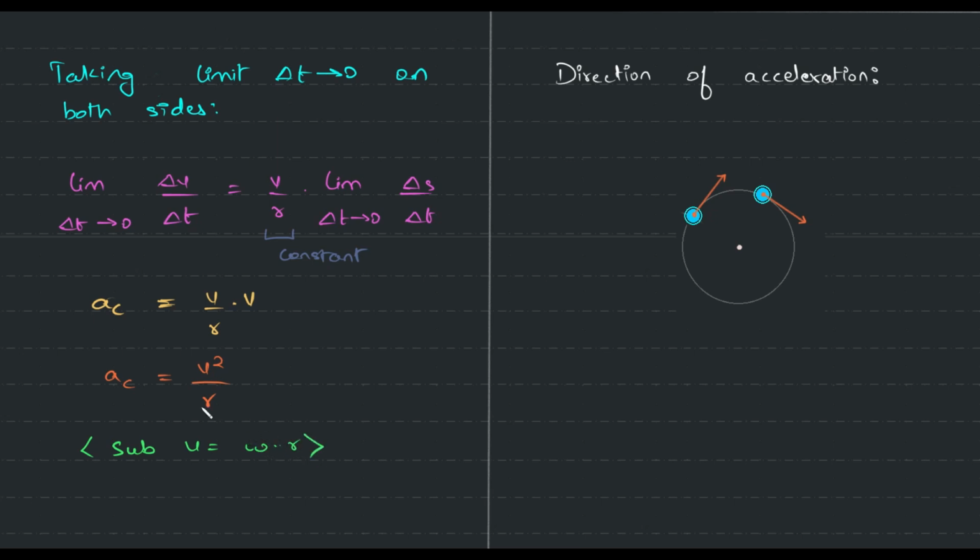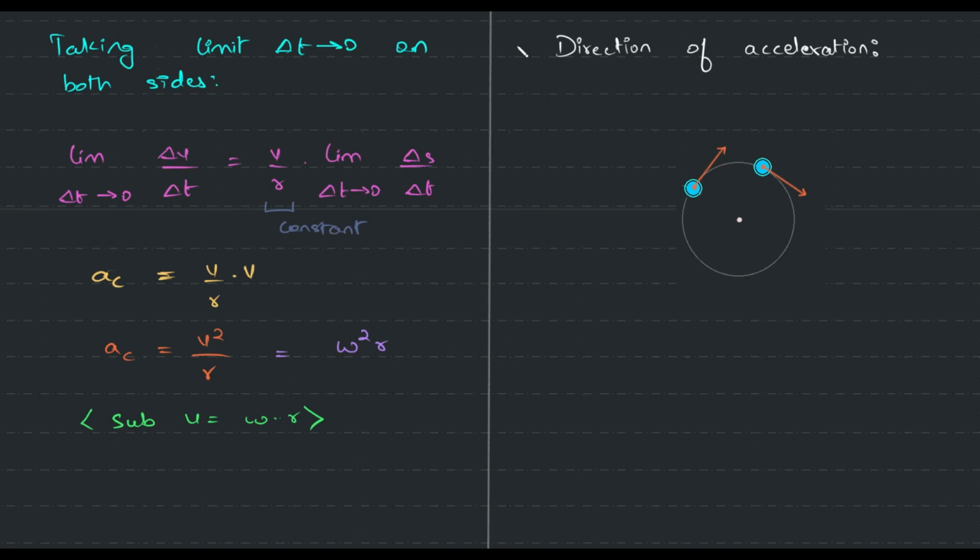Guys, again, this is a center-seeking acceleration, so we will end up with omega square R. So these two are your expressions for a force that is pulling the object towards the center. And because it has certain speed, it is going in a circular path.